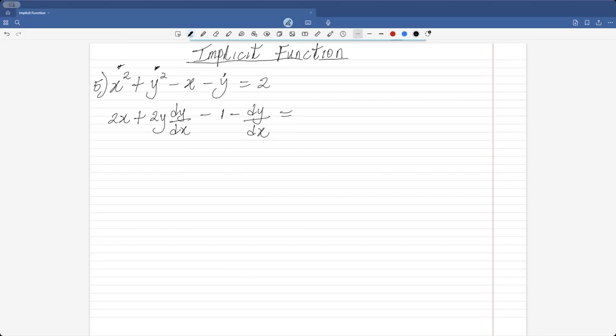The derivative of 2 is 0. So let's isolate the dy/dx. So we have 2y dy/dx minus dy/dx equals negative 2x plus 1.